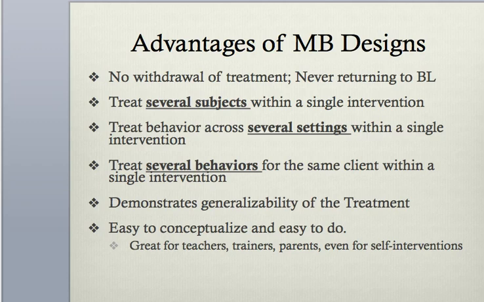It could be getting the right amount of sleep and maybe exercising more. They're all related to health, but they're very independent behaviors, so we could treat them in this staggered fashion and demonstrate that the treatment that we're going to develop can be effectively used across several different health-related behaviors. So it's pretty cool because it's easy to imagine and figure out how to do it, and then easy to actually put it in action.